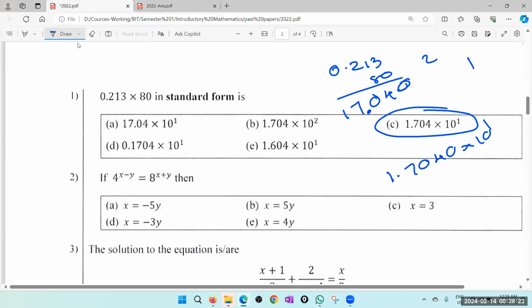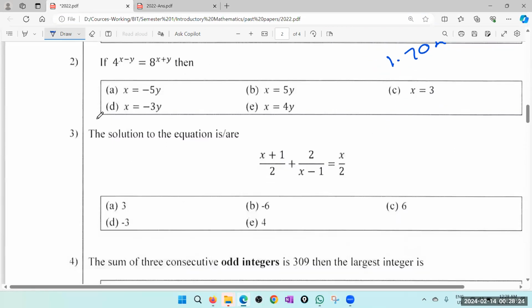Yes, answer is C. Okay. Second one. If 4 to the power x minus y equal 8 to the power x plus y, you have to find a connection between x and y. So remember, when you have an equation, if you have the same base, you can equate the indices. And also if you have the same indices, you can equate the base. But this is 4, this is 8.